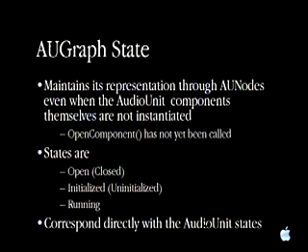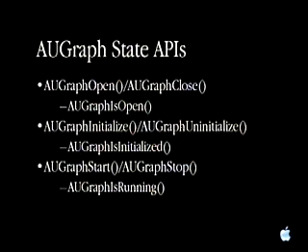Just like the audio units themselves, the AU Graph mirrors the state of the audio units in them. And this slide is just pretty much going over what I talked about concerning the states of audio units here. The important thing is that the AU Graph state corresponds with the audio unit state. So the state APIs for AU Graph are open and close.